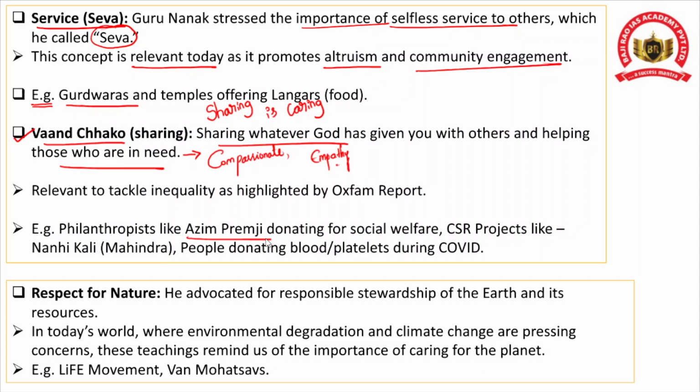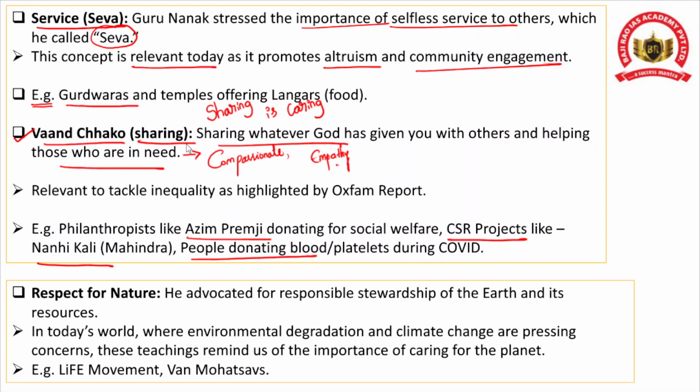Philanthropists have also launched various initiatives as part of corporate social responsibility projects. One is Nahinkalin, launched by Mahindra, and people donated blood and platelets during the COVID-19 pandemic for needy people. This is also in line with Guru Nanak Dev Ji's principle of sharing.